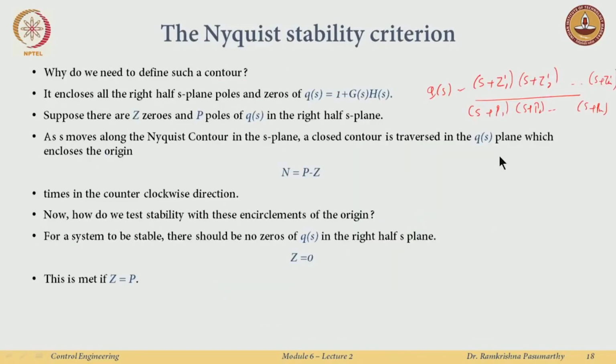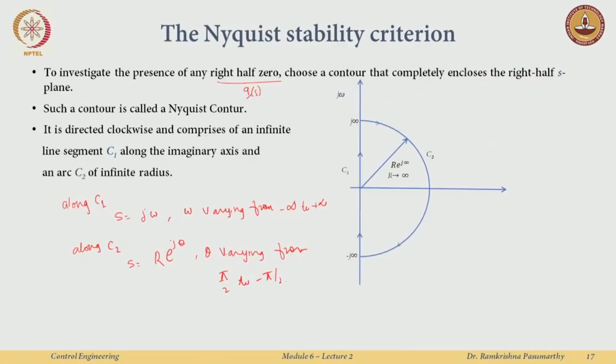Now, as S moves along the contour in the S plane, a closed contour is traversed in the Q(S) plane which encircles the origin. Let us say this is my Nyquist contour. Say it has zeros here, poles here, few more zeros, few more poles, whatever.